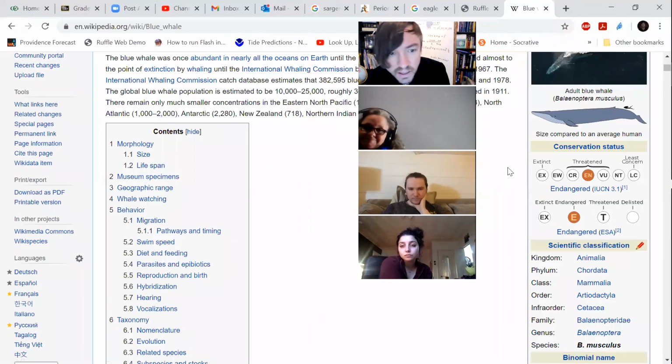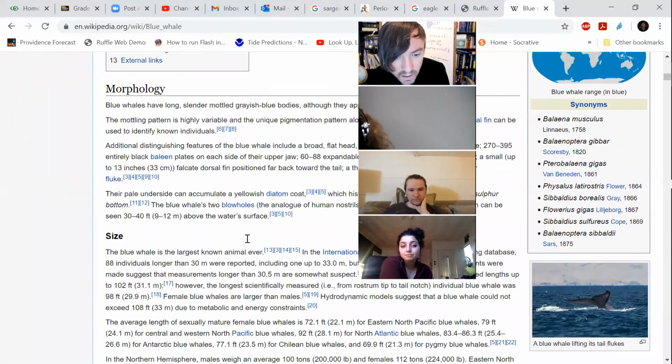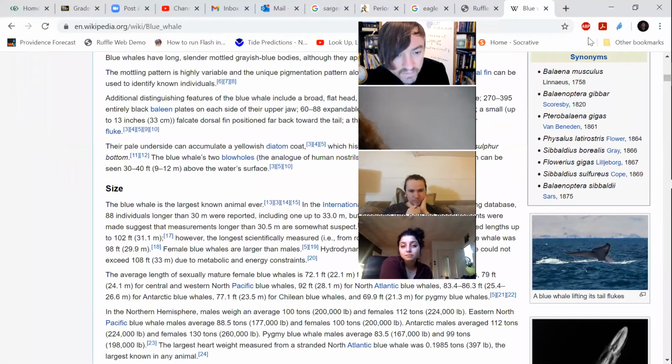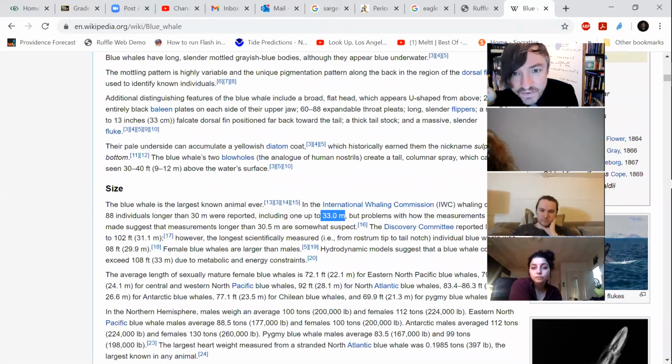Well, shit. A blue whale. The average length of a sexually mature female. Are the males longer? Oh man, a blue whale is 33 meters. So that's certainly not long enough.